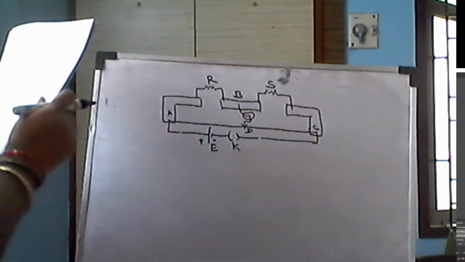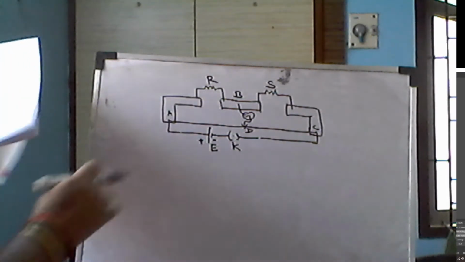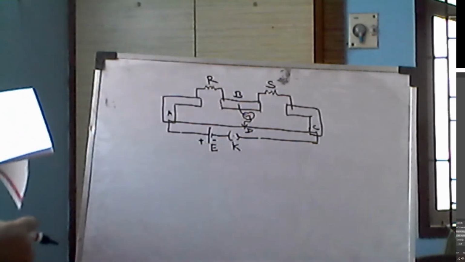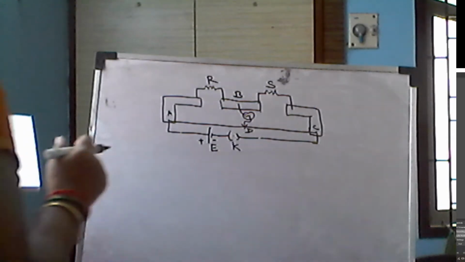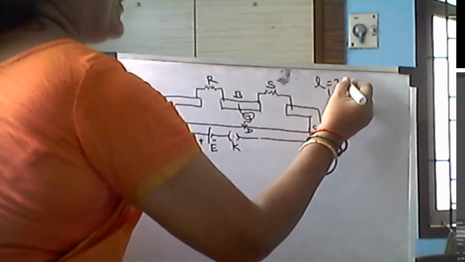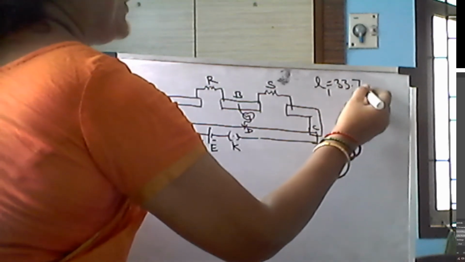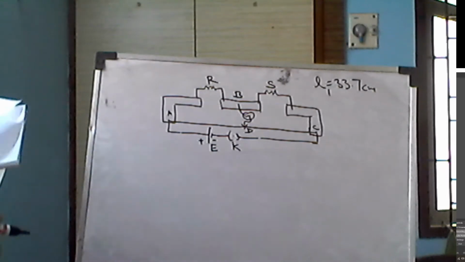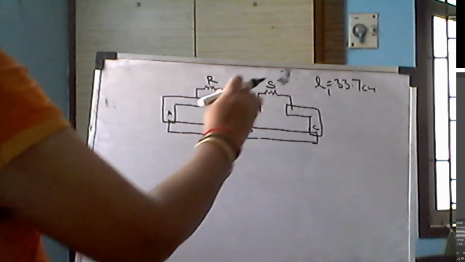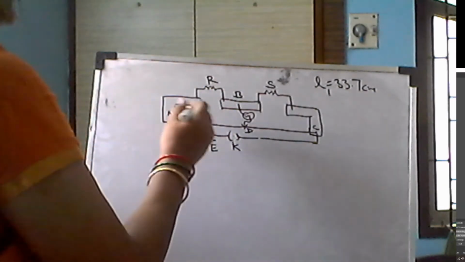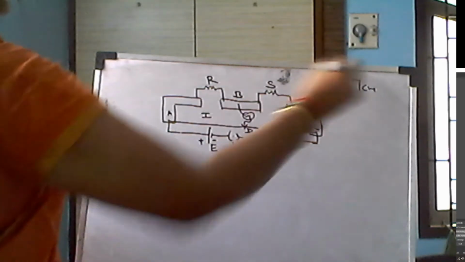So now the first question is, when the connection is given like that, the null point is obtained at 33.7 centimeter. This is the first case, L1.